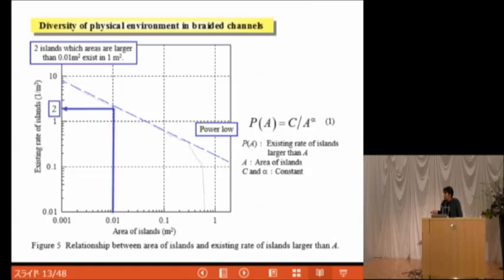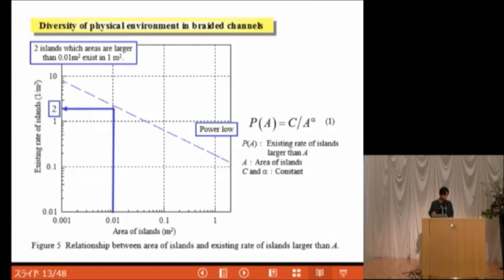When we see 0.01 square meter for area of island, we get the value 2 for the existing rate of the island. This means two islands whose areas are larger than 0.01 square meter exist in 1 square meter. This is the result of the experimental flume, so the scale is very small.